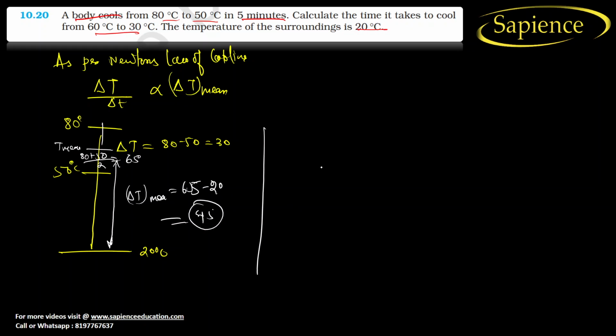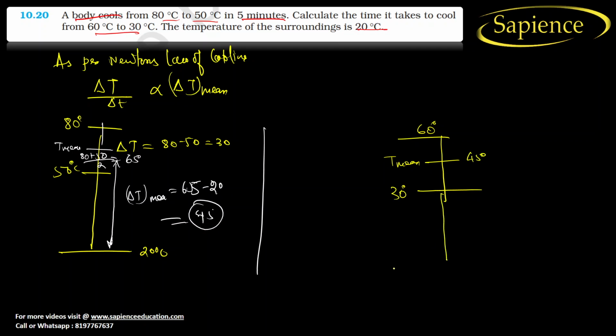Now case 2 they have given: the high temperature is 60, low temperature is 30, so the mean temperature will be 45 degrees.